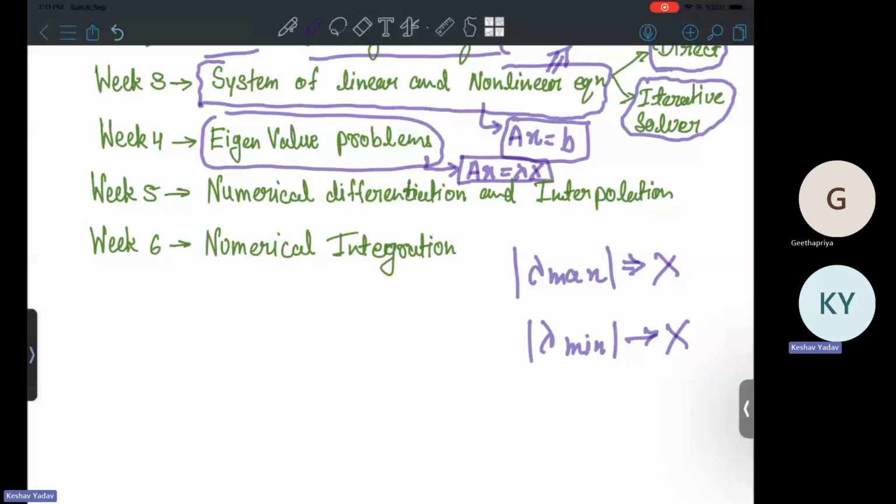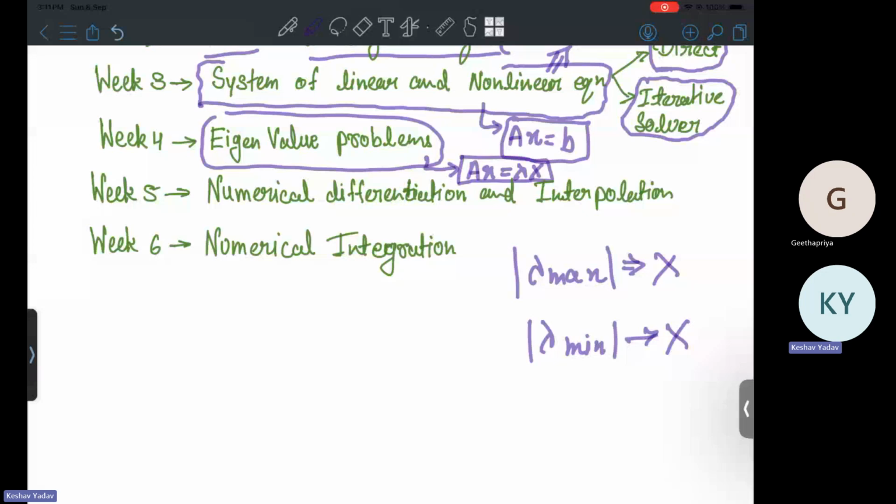But in numerical methods, we know the values only at discrete points. So at these discrete points, how can we find the differentiation of a function? We also saw that, knowing the discrete points, we can find the function using interpolating polynomials, like the Lagrange interpolating polynomial and others.